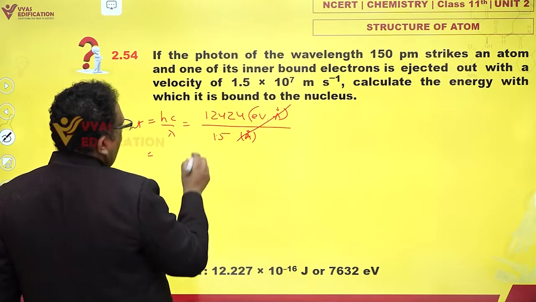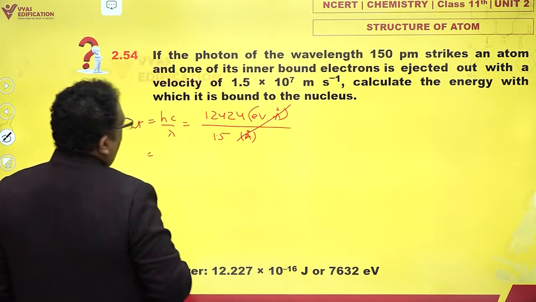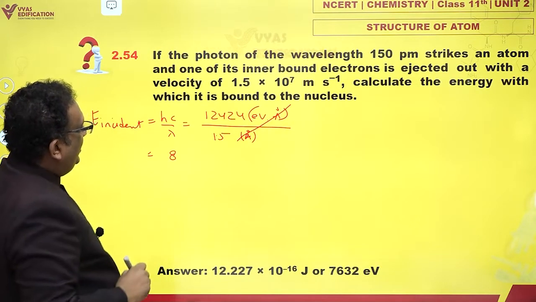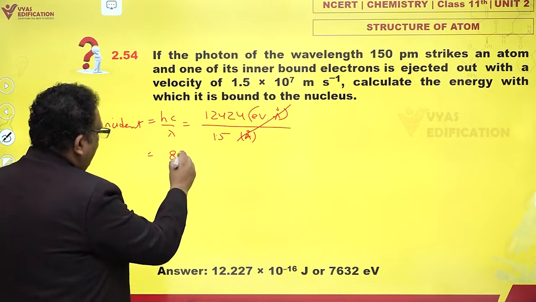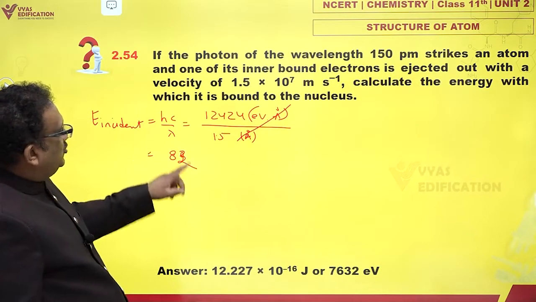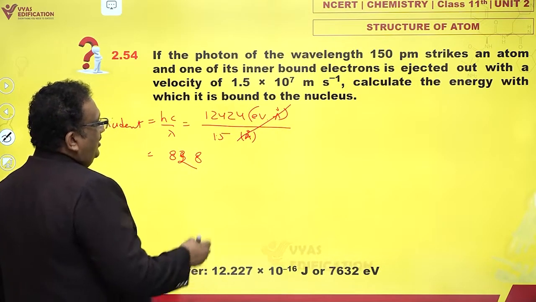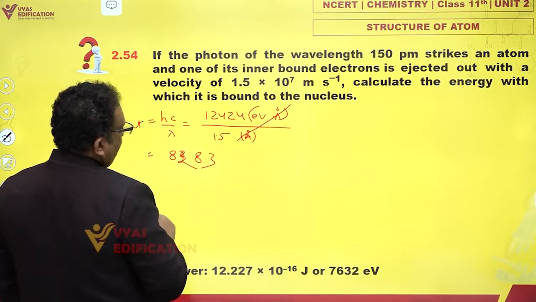How much? Well, 12424 divided by 1.5, 15 8s are 120, 15 2s are 30, roughly 3.